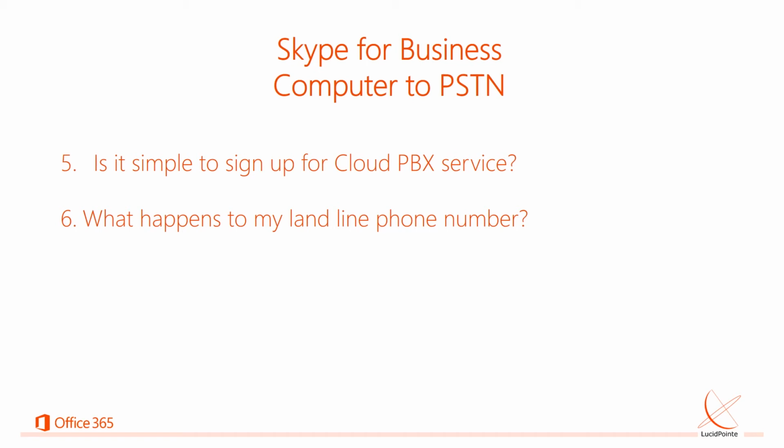Now there are some PBX functions on here, so you do have some call forwarding functionality as well. If it rings a few times on your desktop and doesn't get answered, it can automatically go to your cell phone. Or if your Skype for Business client is shut down, Skype for Business will automatically transfer it to your cell phone.